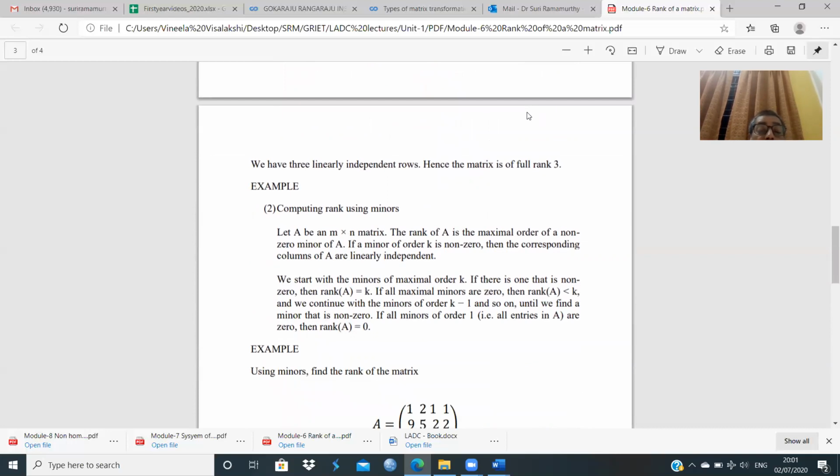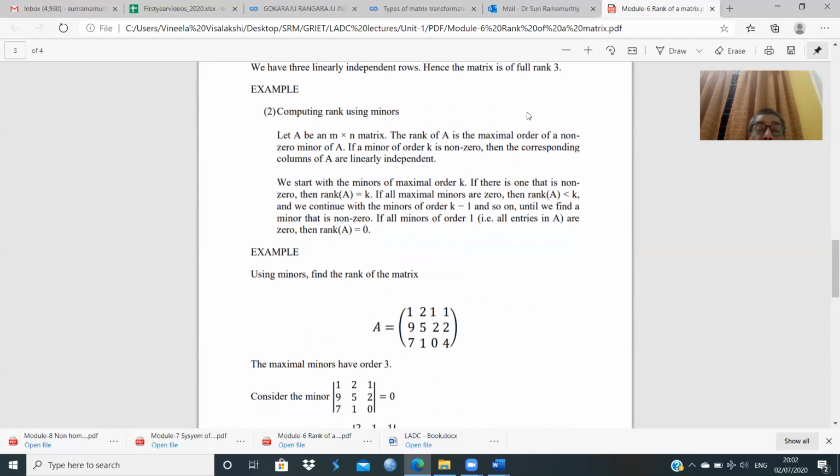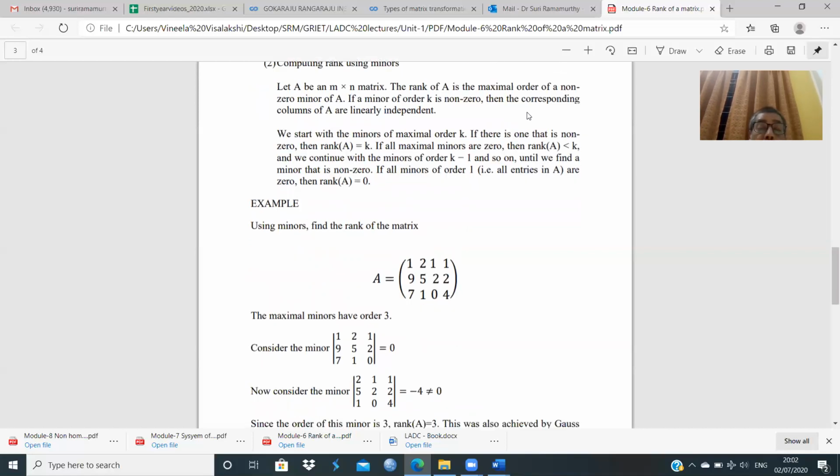Now, as we discussed, we can also find the rank of a matrix using minors. A minor is basically a determinant within the given matrix, and there will be several such minors of various orders. So the idea is to start with the minor of the largest order. Because this is a 3 by 4 matrix, we can start with a 3 by 3 minor. If you take the first column, second column, and third column and find the determinant of that, it is 0.